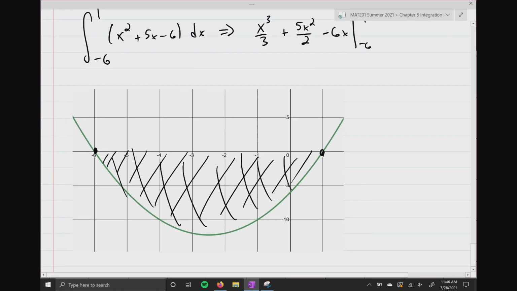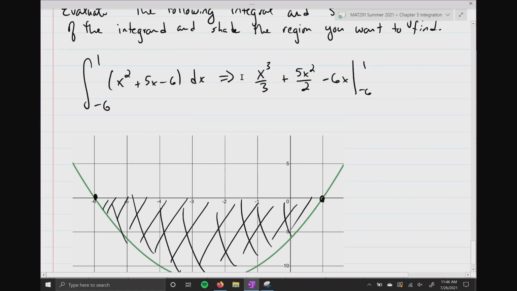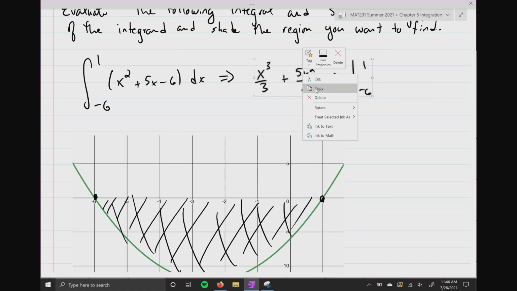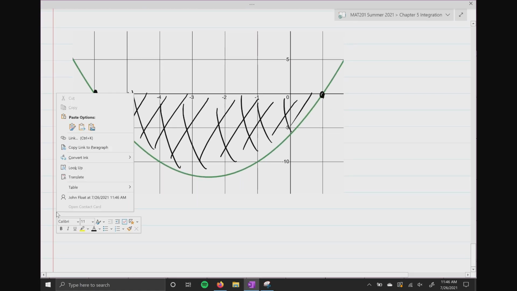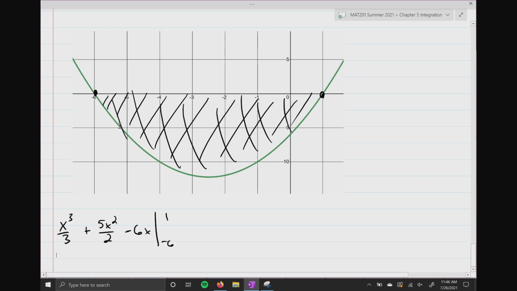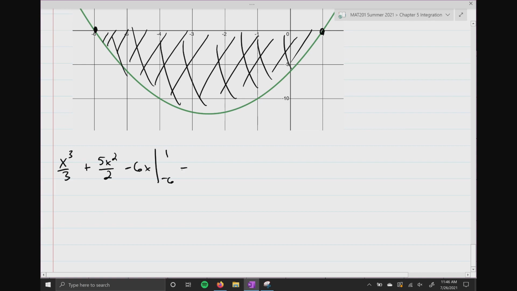All right. So I'm going to write it underneath here, because I'm going to write everything out now so you can see it. And this is what I meant by speeding things up a little bit. So this is going to equal 1/3 plus 5 over 2 minus 6, minus, now remember, this was my upper limit.